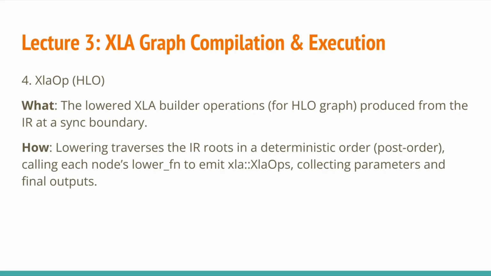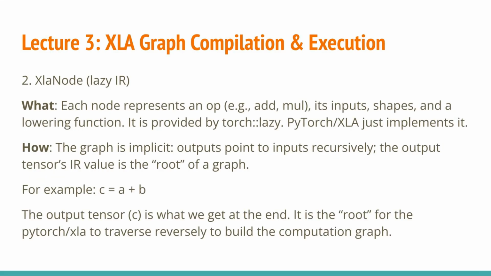Fourth, we have XLA operation. It is an entity that is produced from the XLA node's lower function and used to generate the final IR. Remember that an XLA node represents an operation. It contains a lower function that is used to generate an XLA operation.